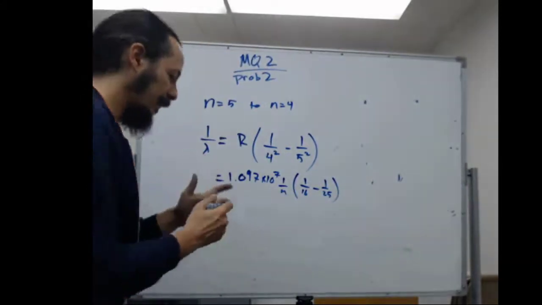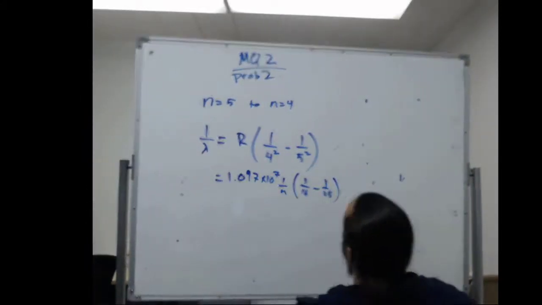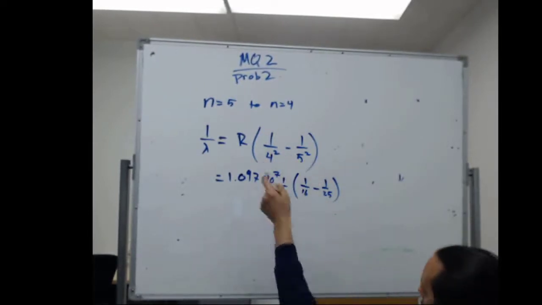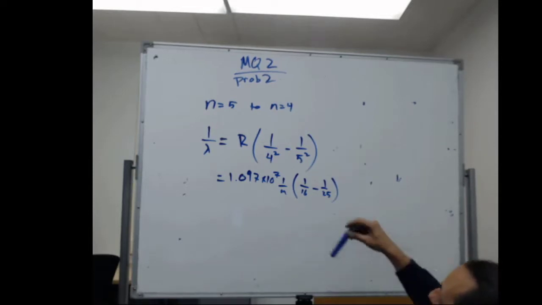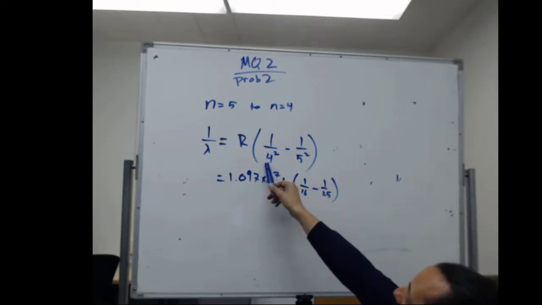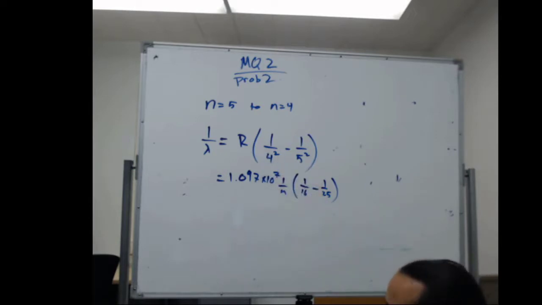Remember, if we're using this version of the equation, we have to have this parenthesis be a positive number. So we always have to have n1 be the smaller number, n2 be the larger number.